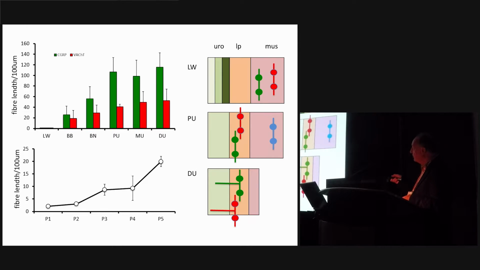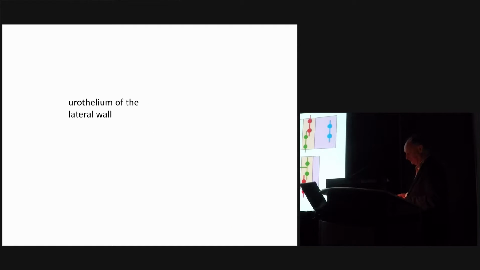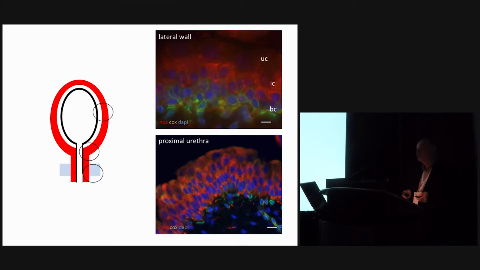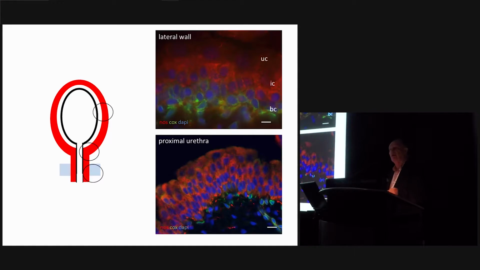This is a quantification of the number of fibers that penetrate into the urothelium, showing that there is something very interesting going on and different in the distal urethra as opposed to the proximal urethra and in the lateral wall. So this simple microanatomy must affect the way we think about sensation and outflow from the bladder. Now, that's one point. The next point is that we have a urothelium in the lateral wall. Well, what does it do?